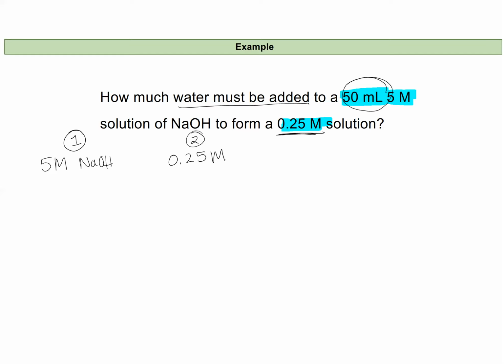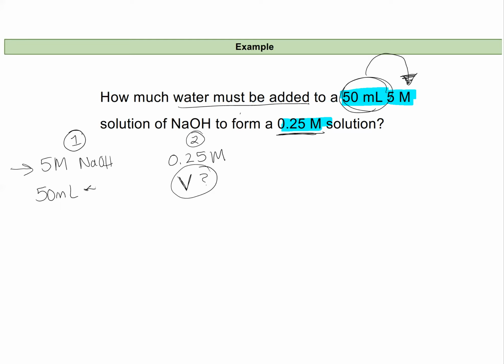This 50 milliliters that I'm starting with, that's attached to my 5 molar sodium hydroxide. So my 50 milliliters is the volume that I have for my 5 molar. And I want to know what's the volume that I'm going to end up with. That total final volume will tell me how much I need to add to my 50 milliliters.